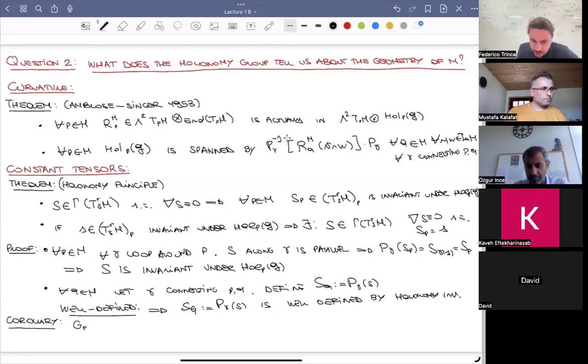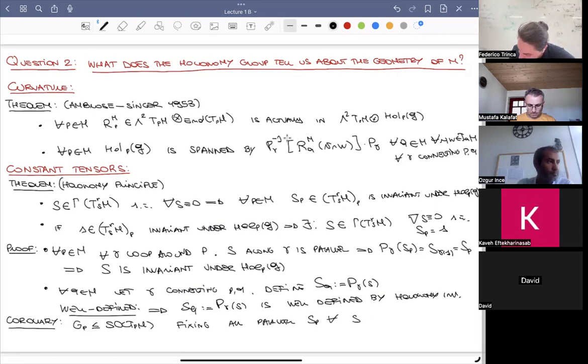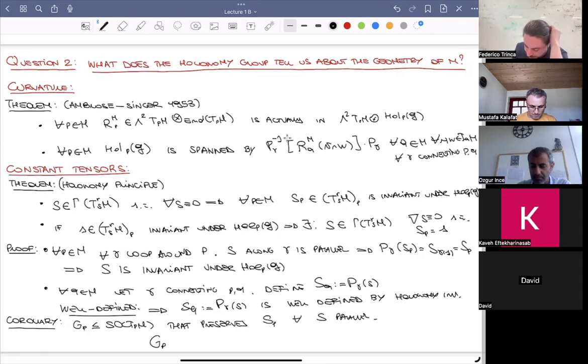Indeed, if G_P, a subgroup of SO(T_PM), is the subgroup that preserves S at P for every parallel S, then what you can show is that G_P is equal to the holonomy group.